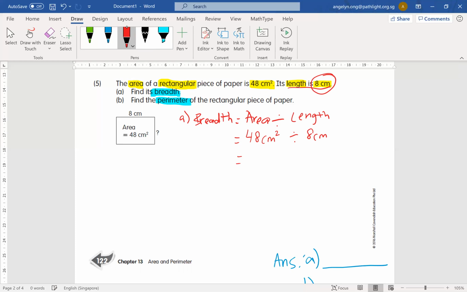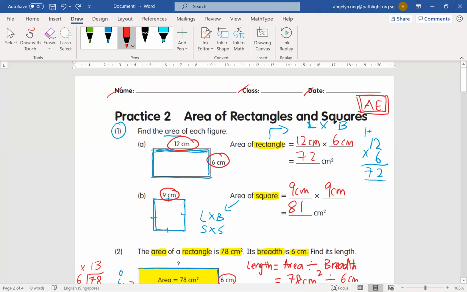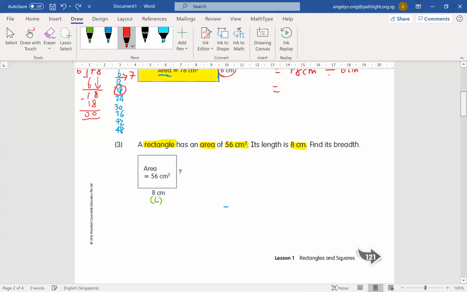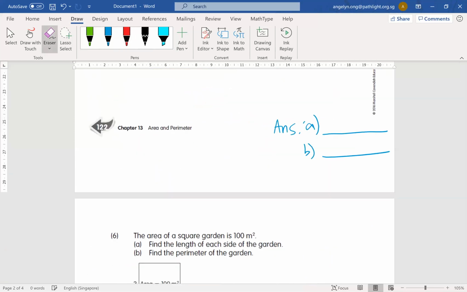So what is 48 divided by 8? 6 cm. Okay, so that's the breadth. We can write it down under A. Oh, sorry, not 8. It is 6. Okay.